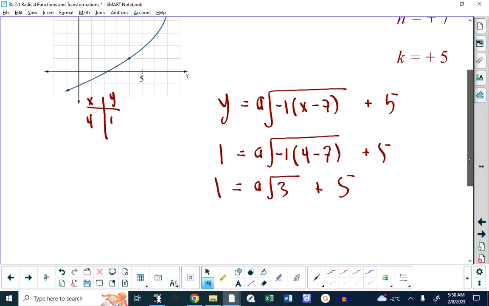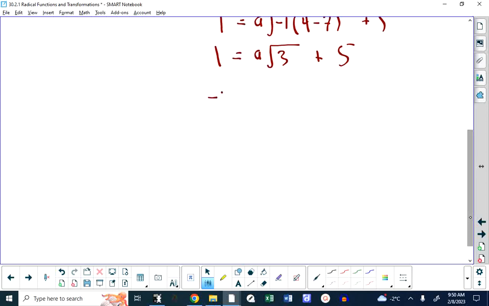I subtract 5 from both sides and get -4 equals A root 3. And that means that A is equal to -4 over root 3. My function is this.